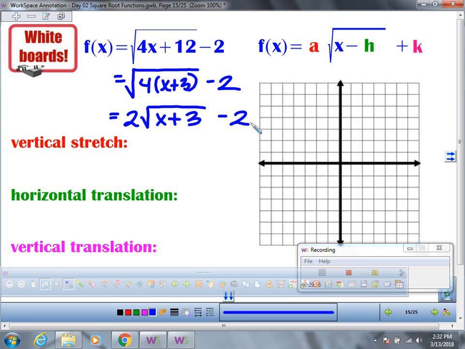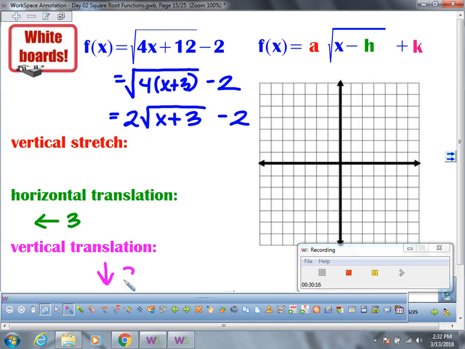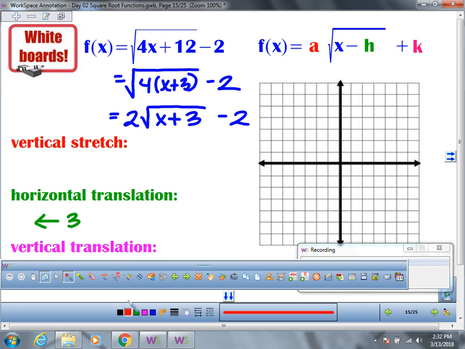So this would really be, all right, I'm going to graph it, and then I'm going to pick a point, and I'm going to see if I'm right. This is what I would do if you were doing this on a test and you want to check to see if you graphed it correctly. You guys ready? So what I'm going to do is I'm going to shift to the left 3 and down 2, and I have a stretch of 2.